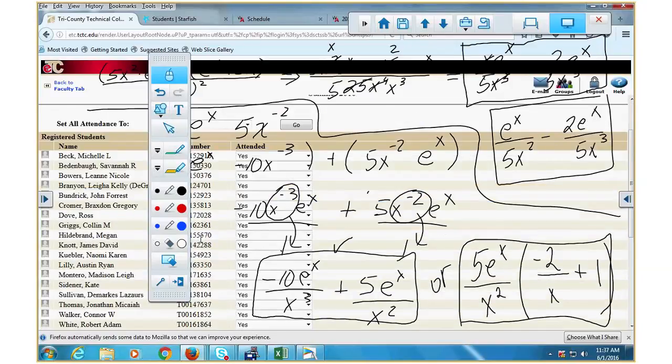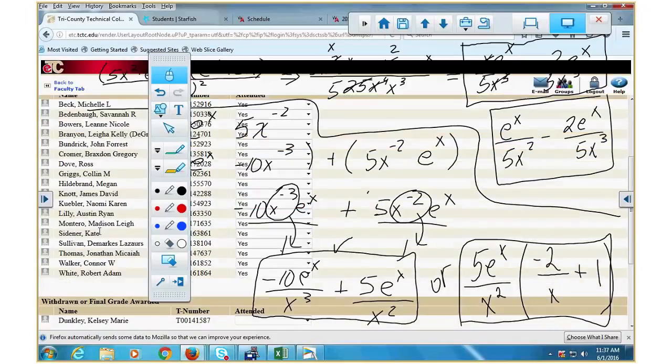Beck, Bendenball, Bowers, Branyan, Bundrick, Cromer. Huh? Cromer's here. Cromer, Dove, Griggs, Hildebrand's here. Knott, Keebler, Lilly, Montero, Seidner, Sullivan. Sullivan's not here. Yeah, he's not here. He sits front. Thomas, Walker, and White.